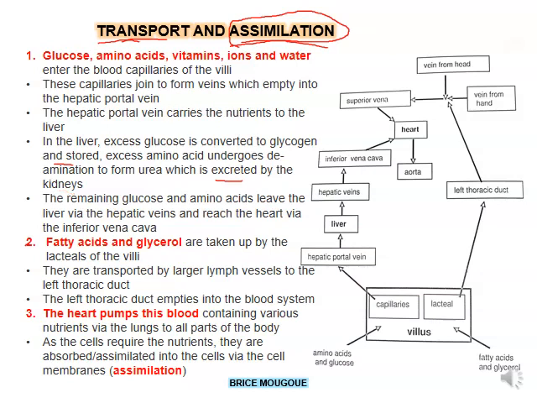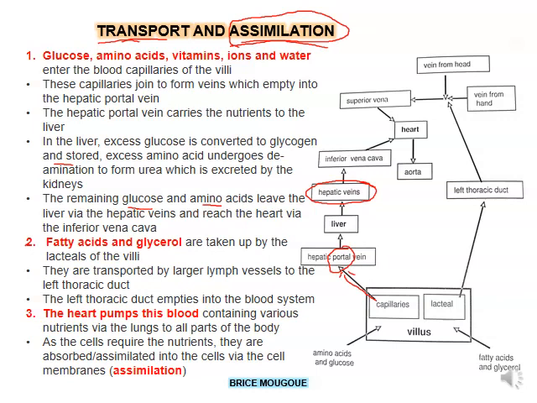The remaining useful glucose and amino acids will then leave the liver, passing through the hepatic vein. Please don't confuse this with the hepatic portal vein. The hepatic portal vein takes from the capillaries of the mucosa of the villus to the liver.